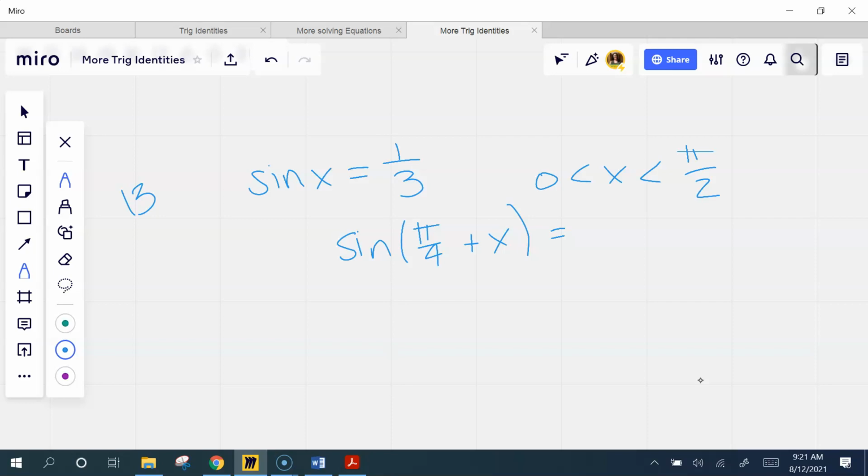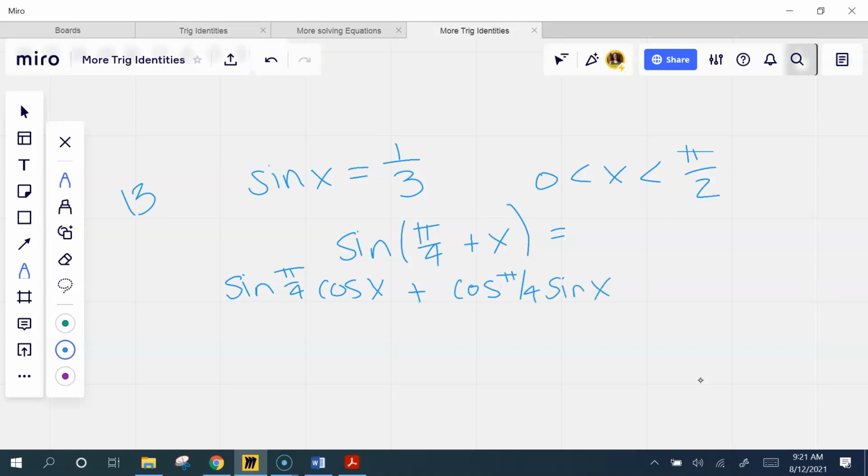But you should get a specific value here, and I'm going to show you how. All right, so we do sine pi over 4 cosine x plus cosine pi over 4 sine x.